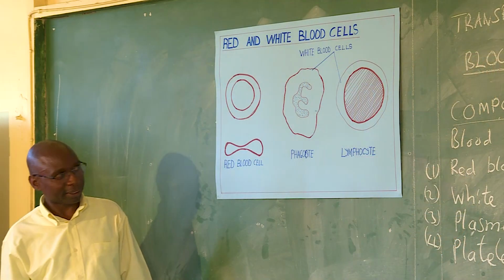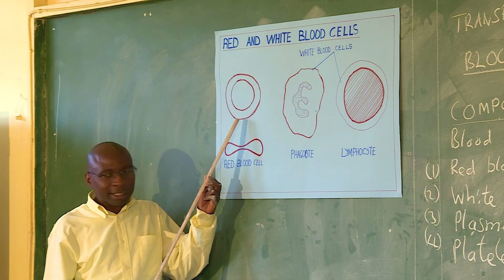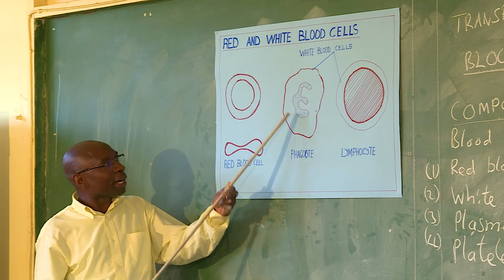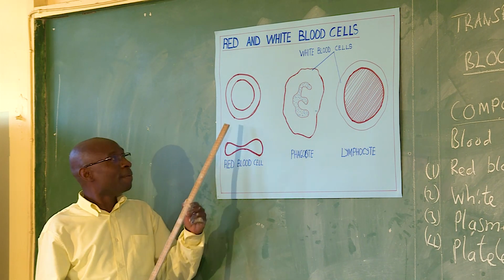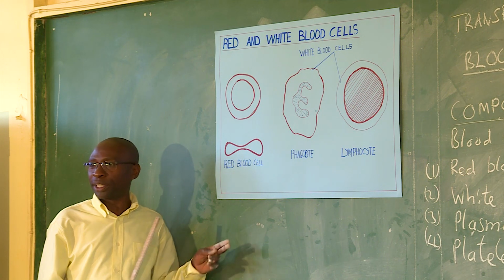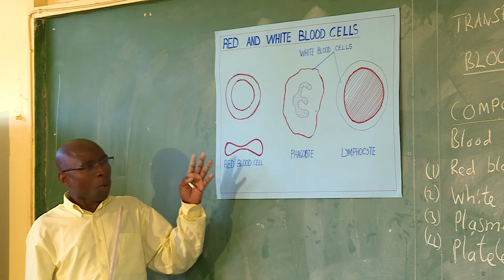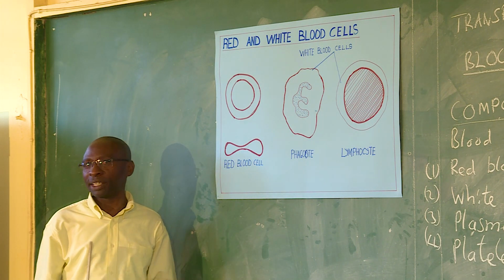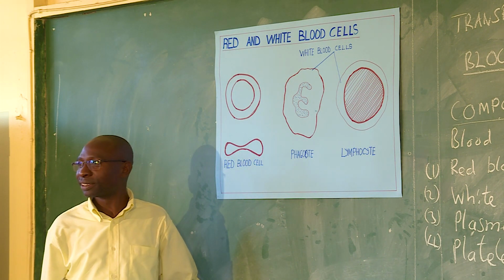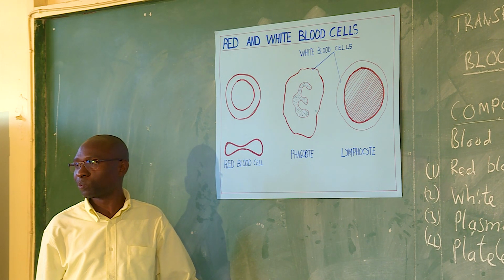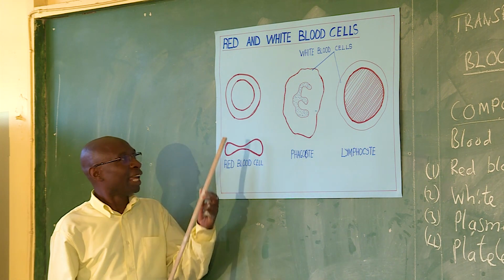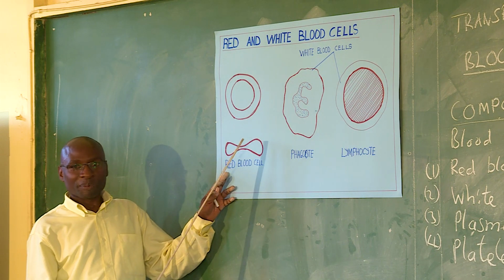Correct. Why do you think the red blood cells do not have a nucleus? Yes, Elena? The absence of the nucleus makes room for the hemoglobin in the red blood cells. Correct.